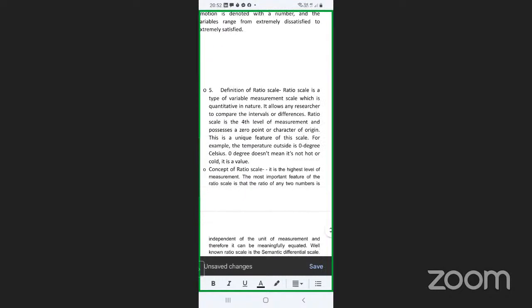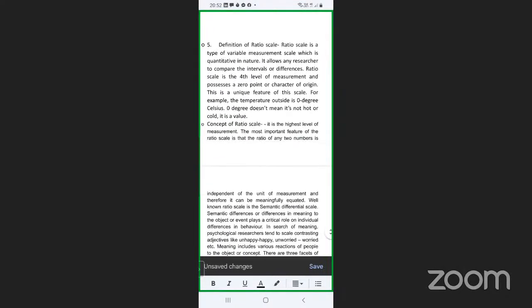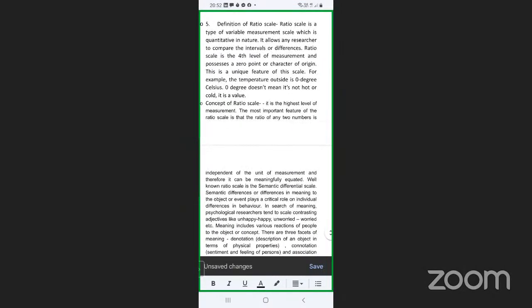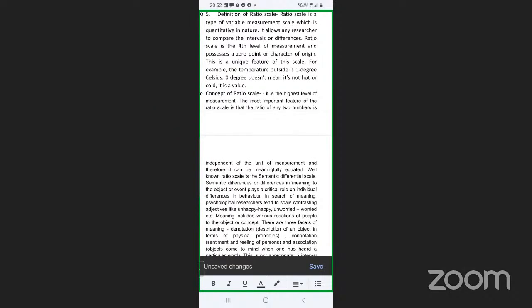Next is concept of ratio scale. It is the highest level of measurement. The most important feature of the ratio scale is that the ratio of any two numbers is independent of the unit of measurement, and therefore it can be meaningfully equated. A well-known ratio scale is the semantic differential scale.